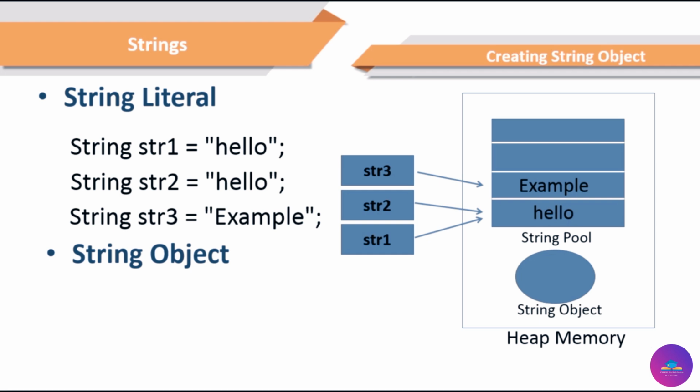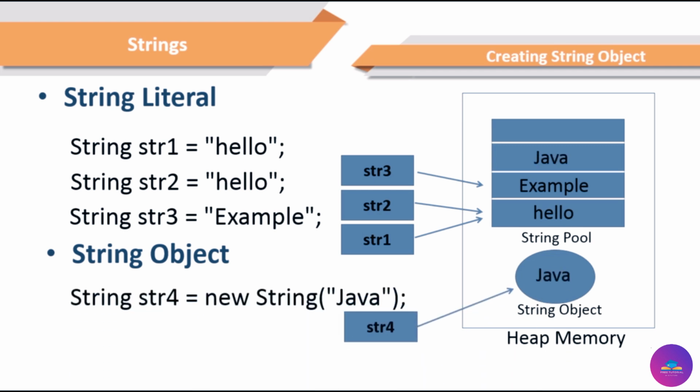Now, another way to create a string object is with the new keyword. We create a string object by using the new keyword. It creates two objects and one reference variable. This variable refers to the object in the heap. As you can see in this diagram in the last line, the new string object with the string Java is created in the heap.